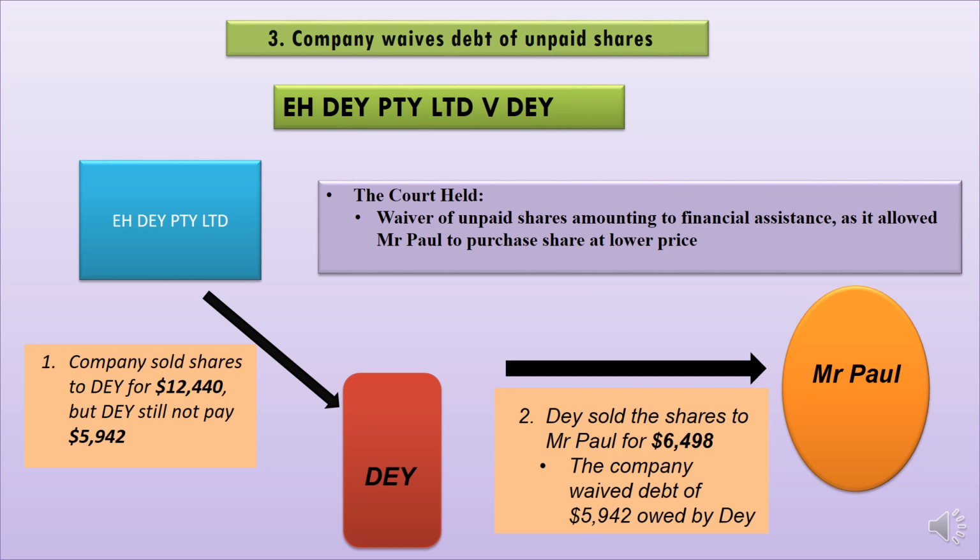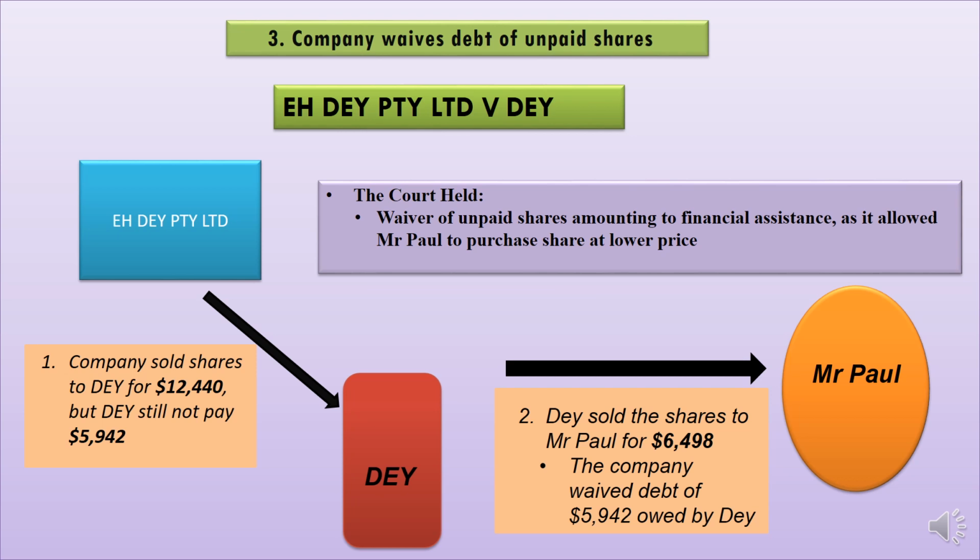However, when Mr. Day purchased the shares, he did not pay the whole sum. He still owed the company 5,942 pounds. Now, Mr. Day wants to sell the shares to another person, Mr. Paul. But he cannot sell until he pays all his debts to the company. How can he sell the shares without paying the company? So he needs to pay.